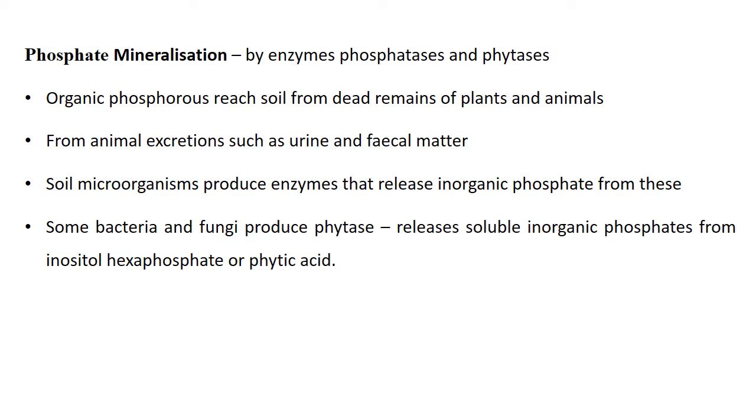The organic phosphorus is present in the organic matter from dead remains of plants and animals, and also from animal excretions such as urine and fecal matter. Some bacteria and fungi are capable of producing the enzyme phytase, which releases soluble inorganic phosphates from inositol hexaphosphate or phytic acid.